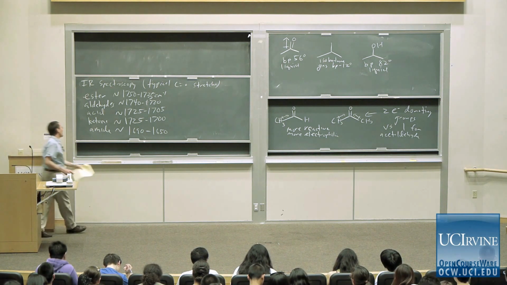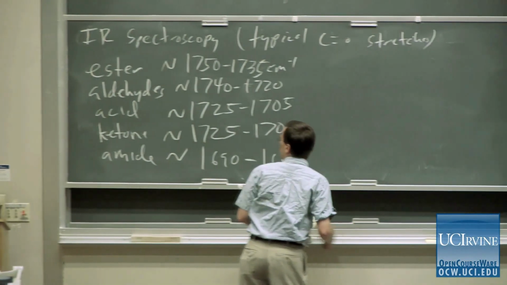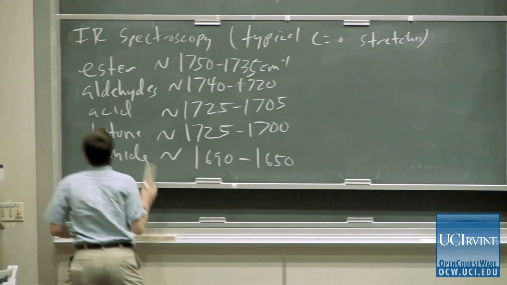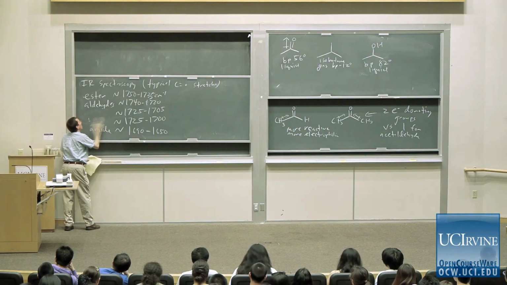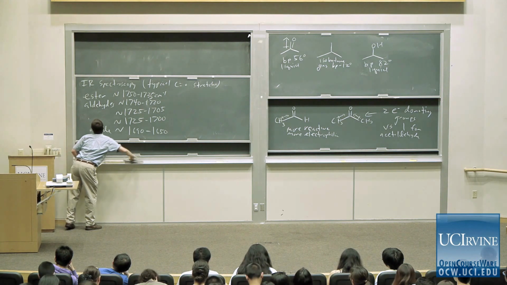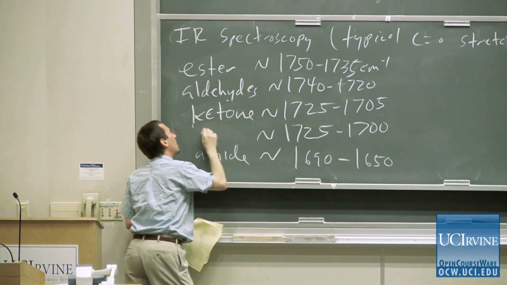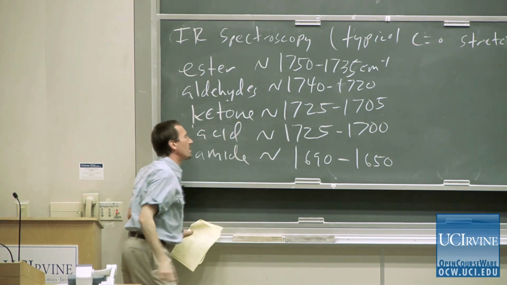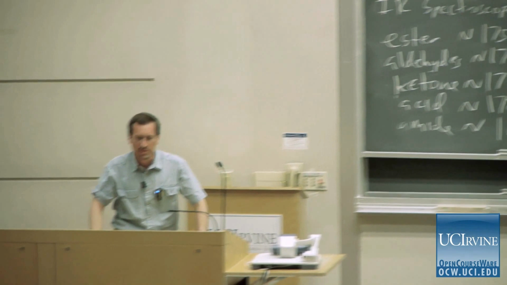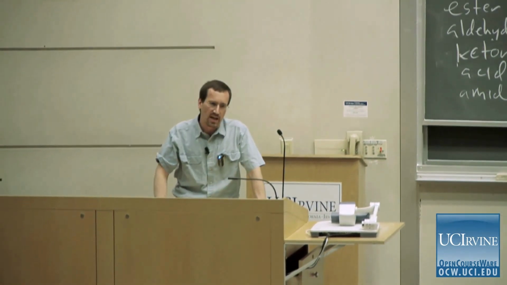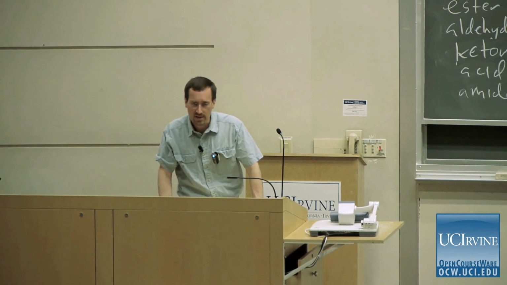Whoops, I have managed to swap the order, pardon me: ester, aldehyde, acid, ketone, amide. So if we look at, say, a ketone versus an acid, there's not a heck of a lot of difference. They fall essentially in the same range.